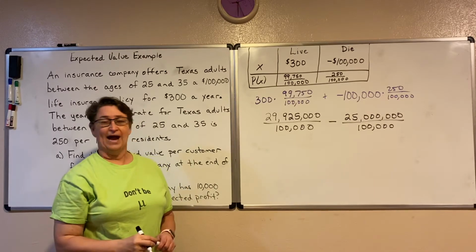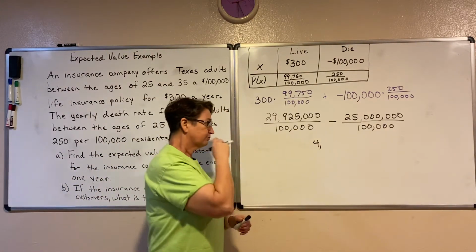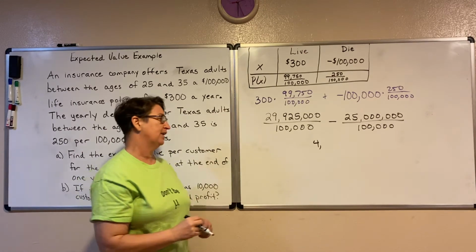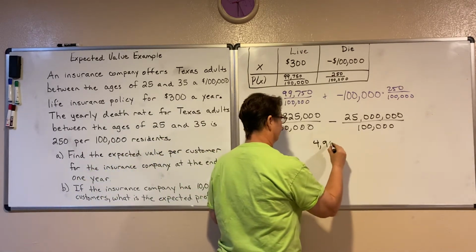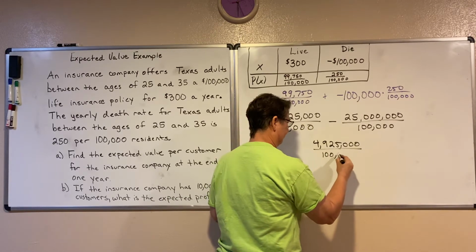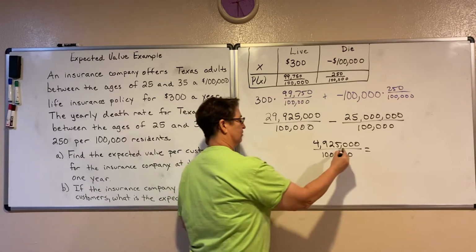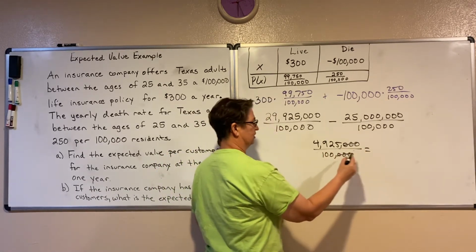I just subtract and I end up with 4,925,000 over 100,000. Or do the division, divide by 100.